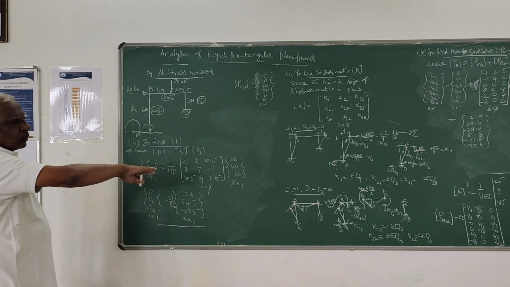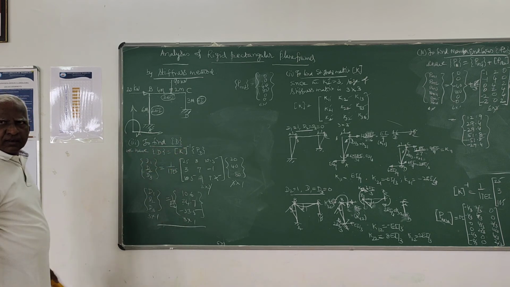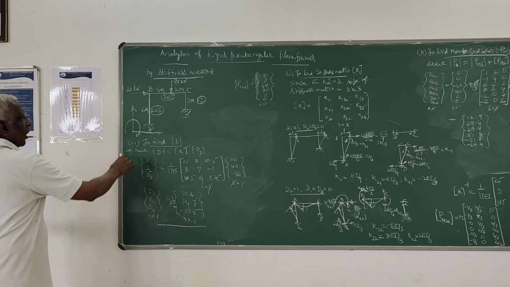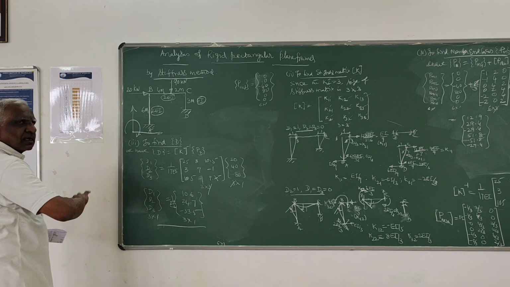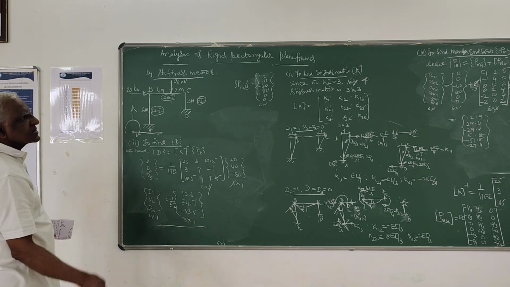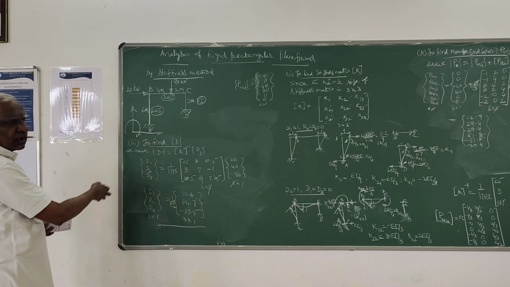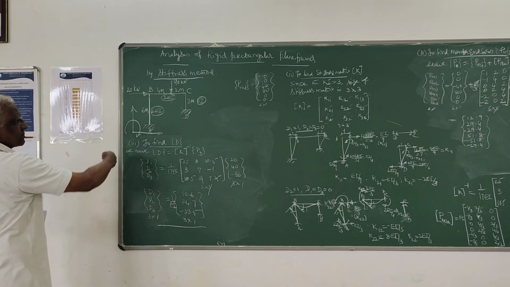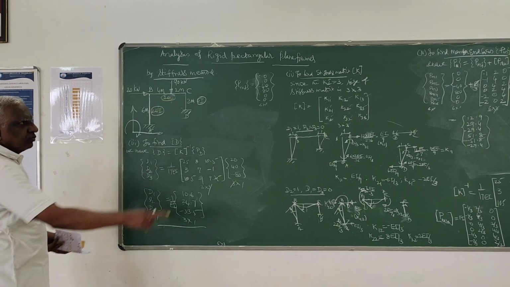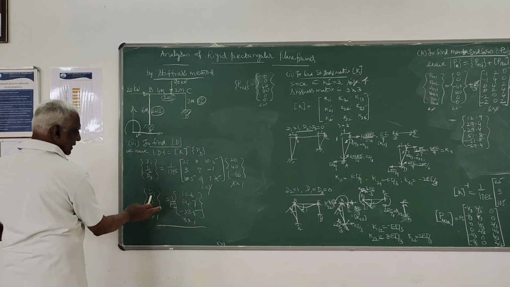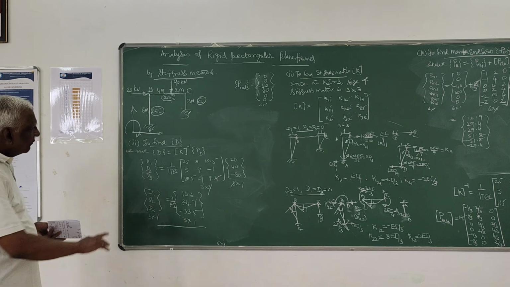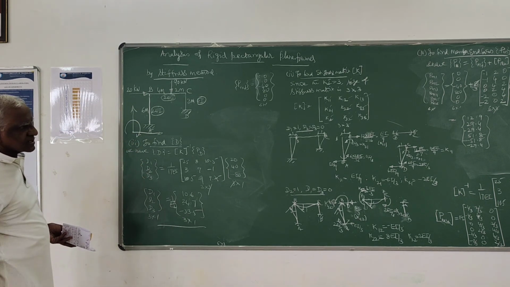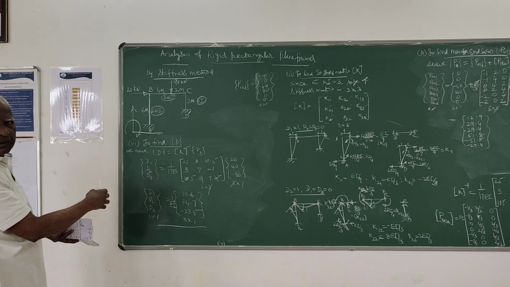Only global coordinate directions we have taken. All throughout our calculation, all the directions we have assumed are global directions or system coordinates. That's why it is called system approach, both for force and displacement analysis. Force analysis PM, displacement analysis D, we have adopted only the global or system coordinate system.